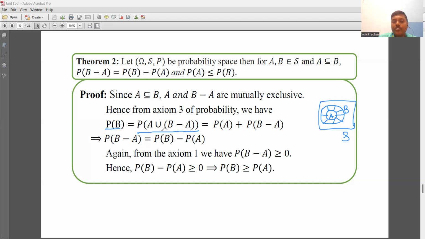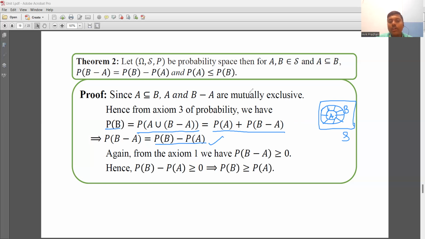So, by axiom 3, we will have probability of A union B minus A is equal to probability of A plus probability of B minus A, because they are mutually exclusive. Okay. So from here we'll have probability of B minus A is equal to probability of B minus probability of A. So it's very straightforward from this diagram also.